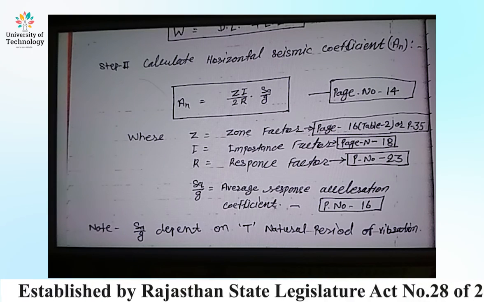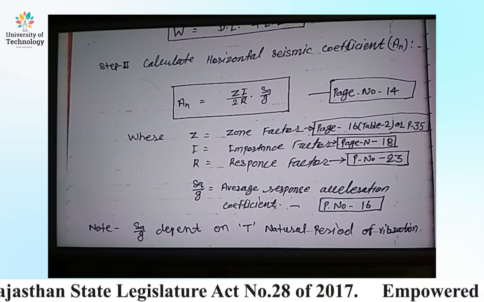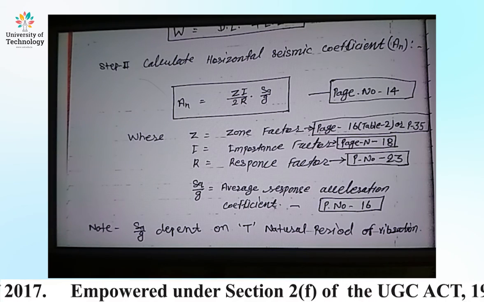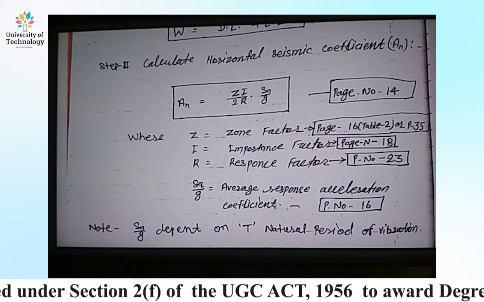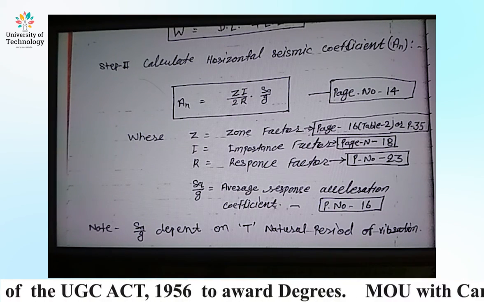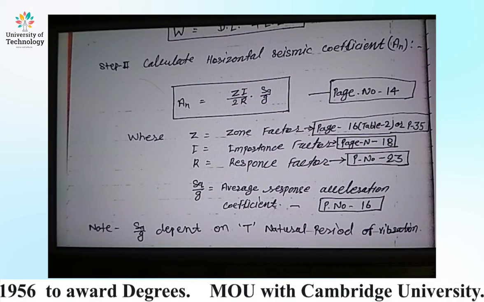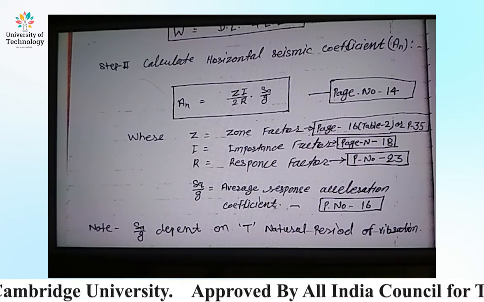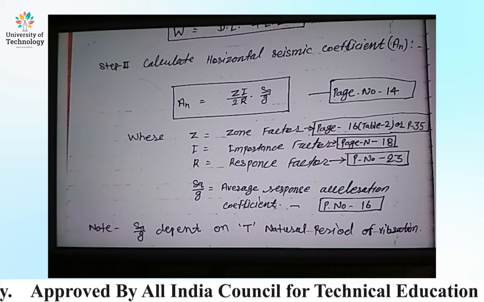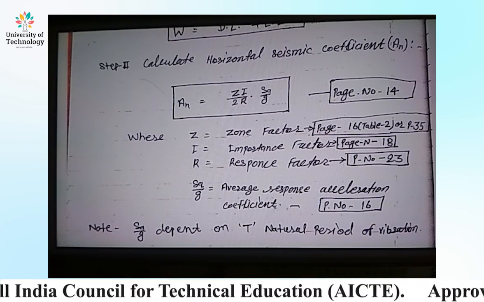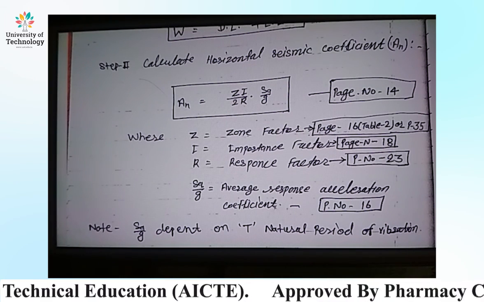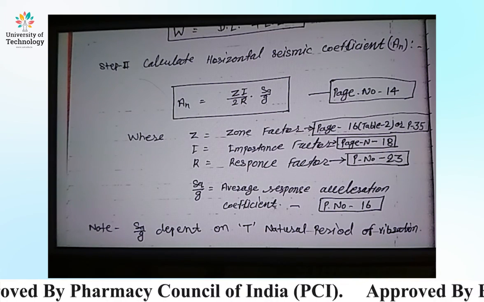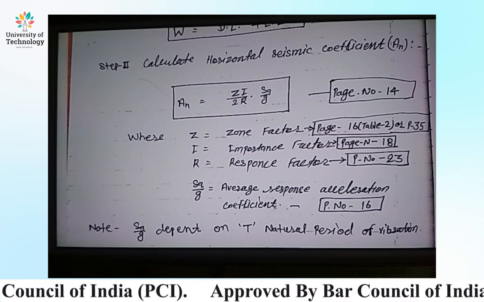AH will be calculated like this: Z I upon 2R, Sa upon g. All those unknowns are given in the code as well as in the question. So there is no tension in solving this type of problem. We will understand it very deeply in the next lecture and see how to calculate using numerical values. Thank you. So keep watching. Thanks.